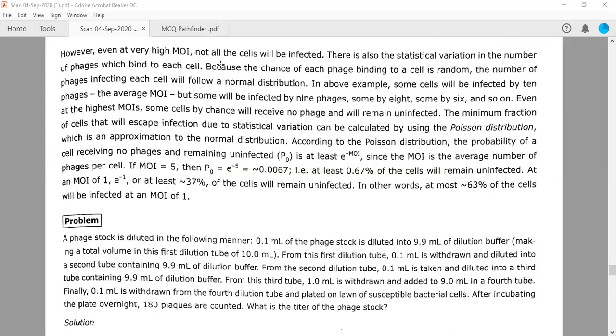So why is this not written here? Not is showing that even if you are having high multiplicity of infection, you are having 5 or 10 bacteriophages available to infect each bacterial cell, still you are not very sure that each and every bacterial cell is going to be infected.